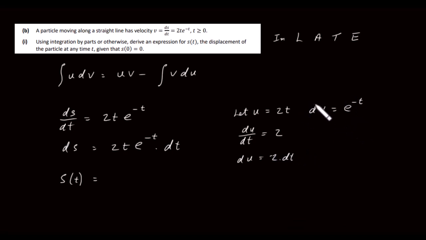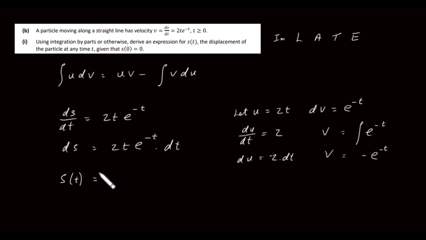If I integrate this, I'll get v, and if I integrate e to the power minus t, that will give me e to the power minus t anyway, but because there's a minus here, I'm going to have to put a minus, because if you differentiate this, you'll get minus e to the power minus t times minus 1. The minus 1 and this minus will cancel to give us the plus up here. So that's it. We have our u, we have our du, we have our v as well.